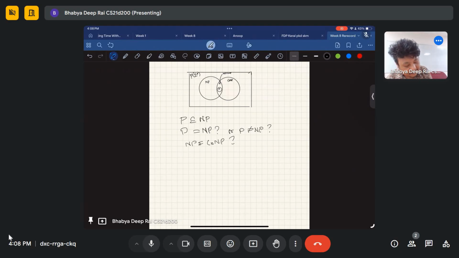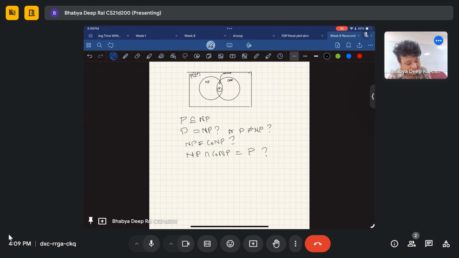And what about NP intersection coNP? It contains P, because when you complement P, you still get P. But does it strictly contain P, or is it equal to P? Don't know. These are some of the very open questions which are not resolved until now.